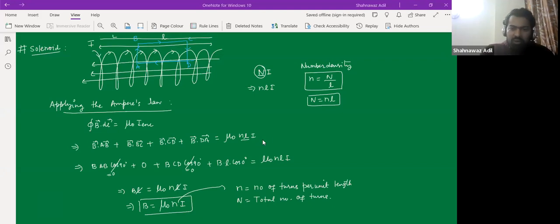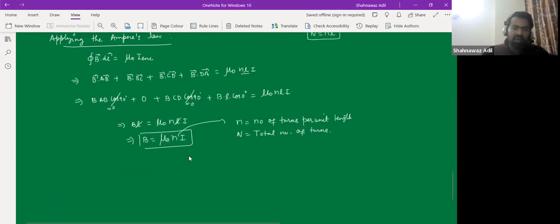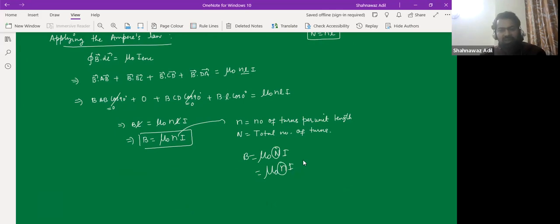Remember, whenever we calculate the magnetic field of a solenoid, it is always mu naught n I, where n is not the number of turns but the number density. You would be given a certain solenoid, let's say the total number of turns is 50.